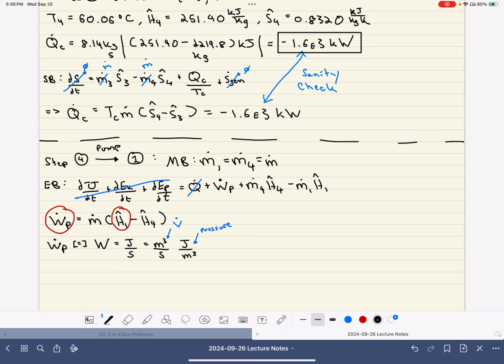And so with pump work, the other way that you could calculate it is actually just by taking your volumetric flow rate of the steam and multiply it by the pressure change of the steam as it passes through the pump. Okay? And so this equation, if this is the first time you're seeing it, don't worry, because you'll deal with this equation a lot in your transport phenomena class.